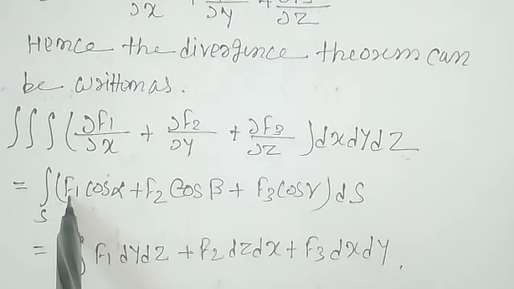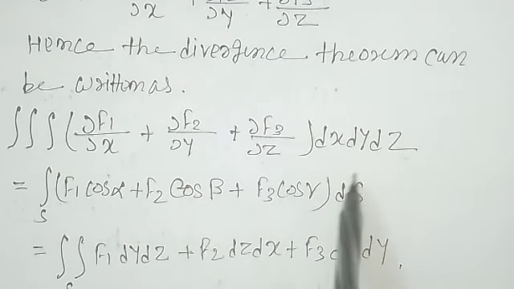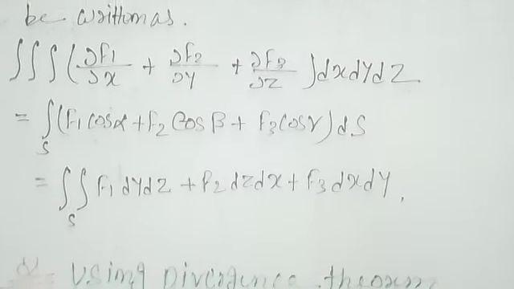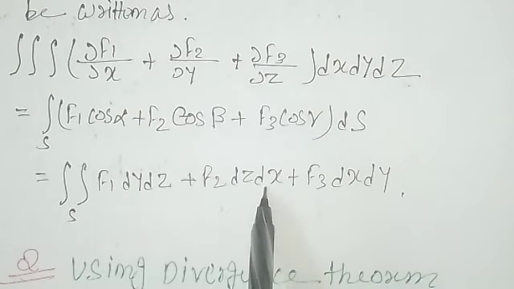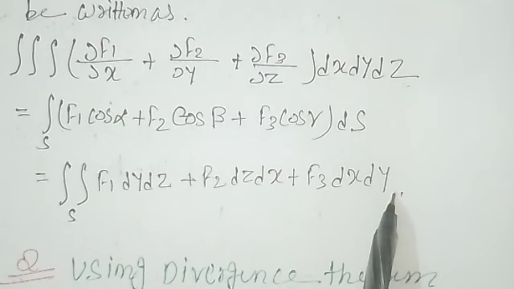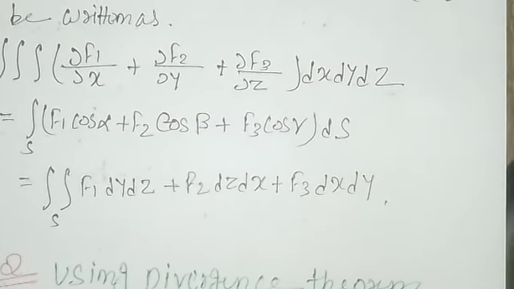In Cartesian form, f dot n is f1 cos alpha plus f2 cos beta plus f3 cos gamma, times dS, where dS is the surface element. Further you can write this as f1 dy dz plus f2 dz dx plus f3 dx dy. This is the Cartesian form of the divergence theorem.